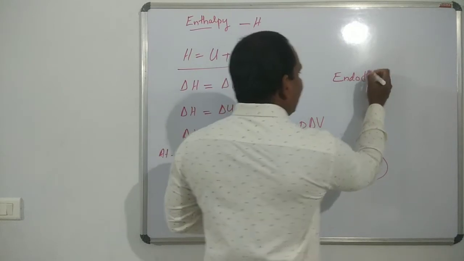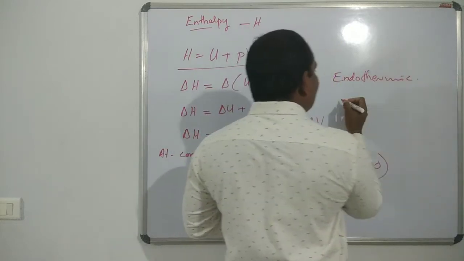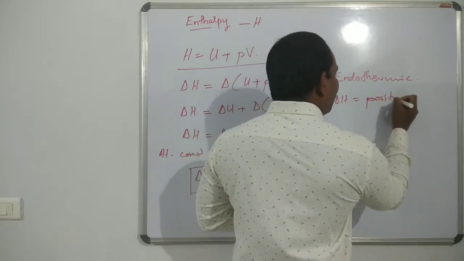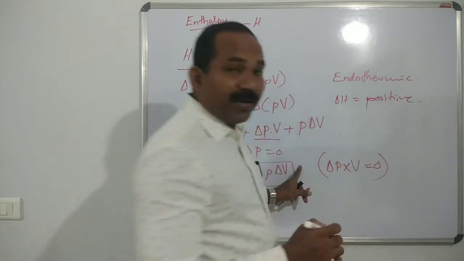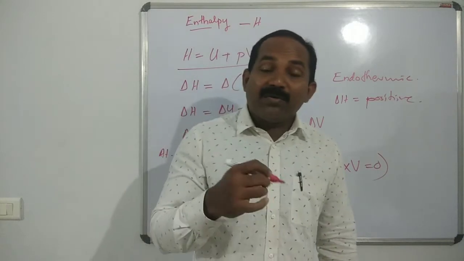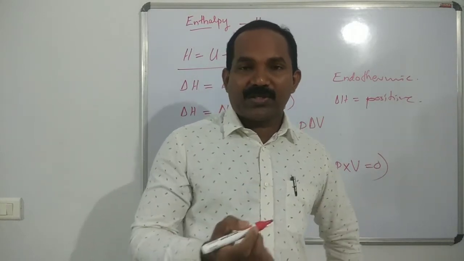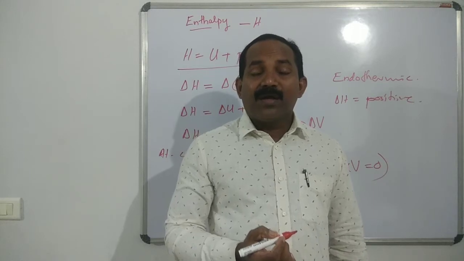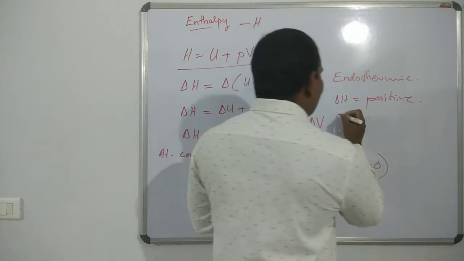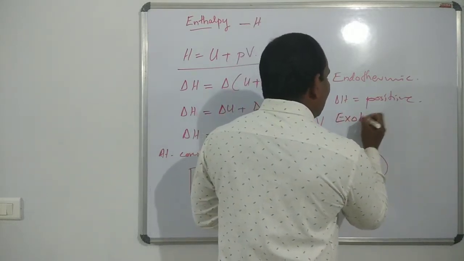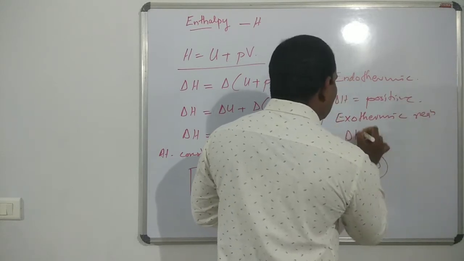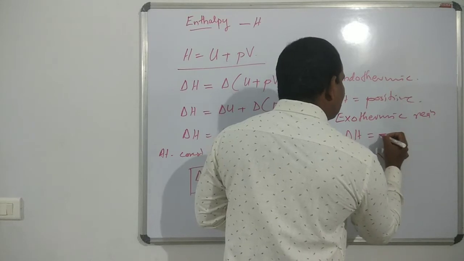For endothermic reaction delta H is positive. And for exothermic reaction, the reaction involving evolution of heat energy, the enthalpy change is negative.